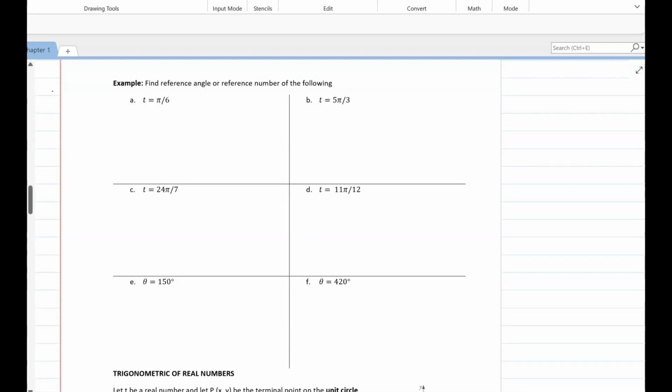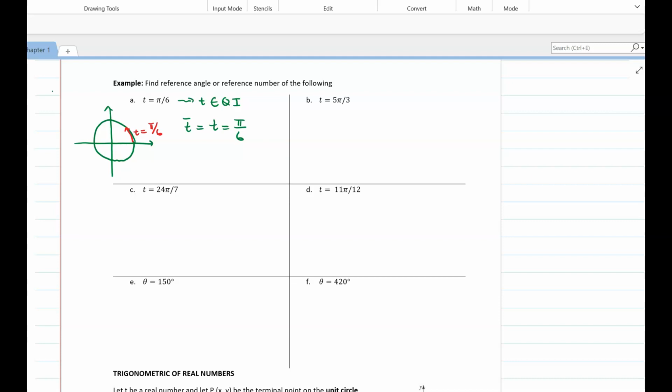t equals pi over 6 is an angle in quadrant 1. So this distance here is our t. This means that t bar is equal to t, which equals pi over 6.